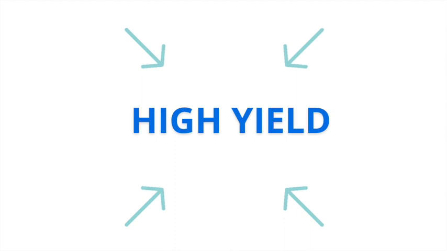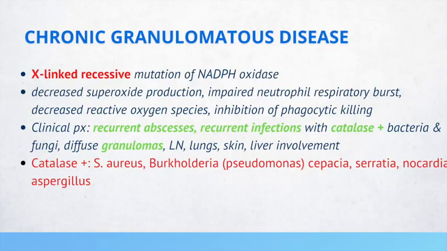If a patient presents with recurrent abscesses, recurrent infections with catalase-positive bacteria and fungi, diffuse granulomas, and lung, skin, and liver involvement, I want you to think about chronic granulomatous disease, or CGD.